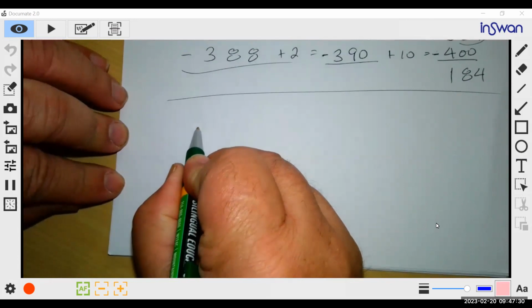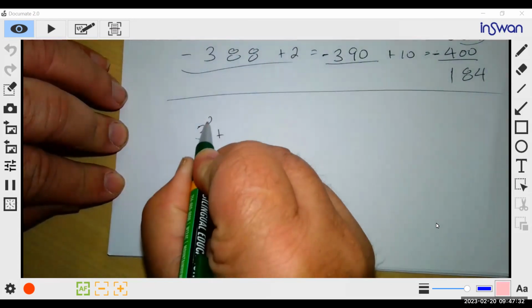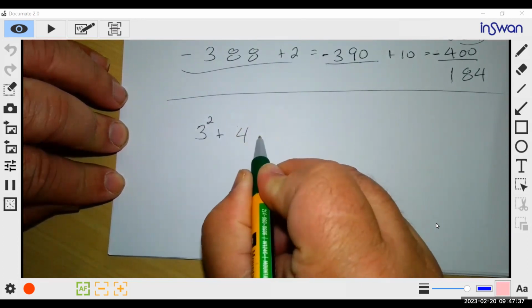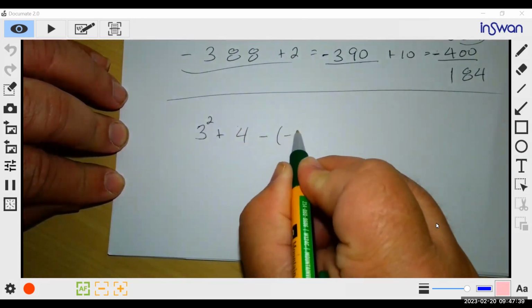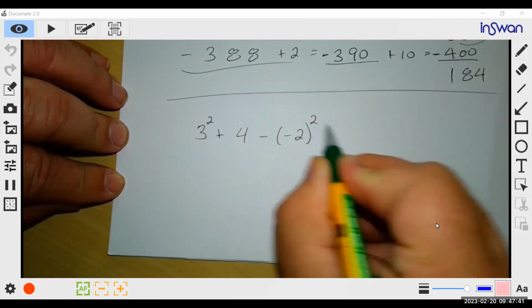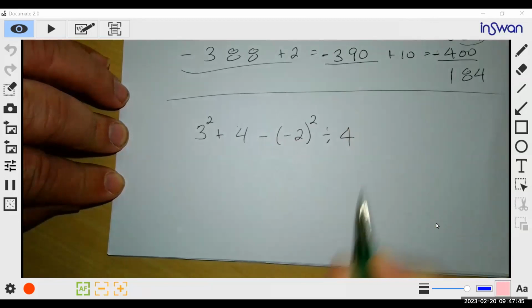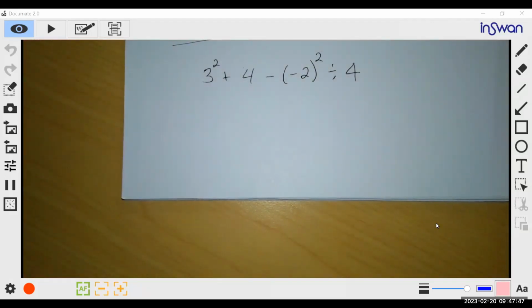What if we had this? Let's combine these operations because order of operations, muy importante.